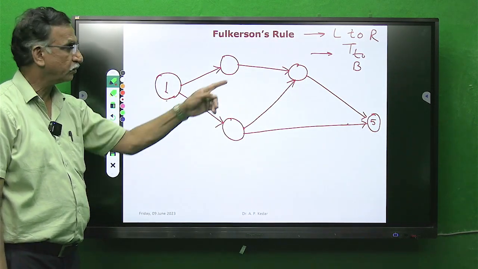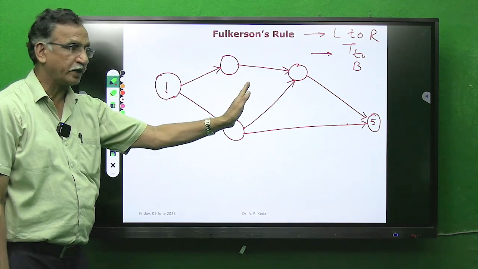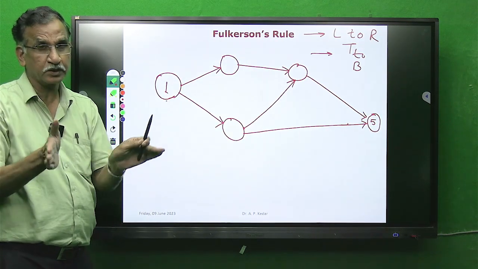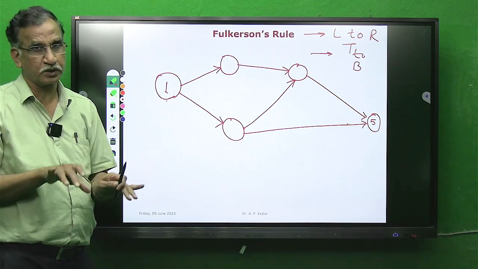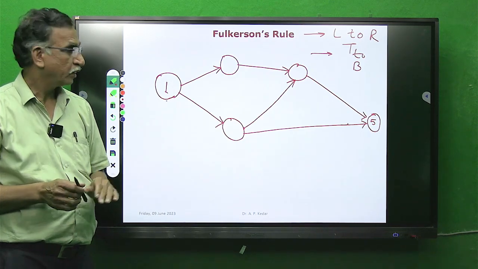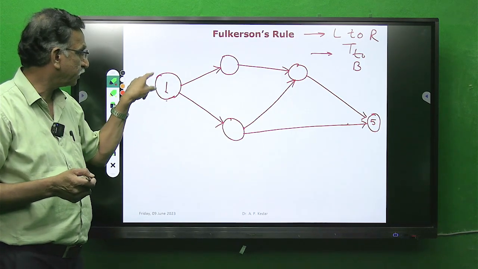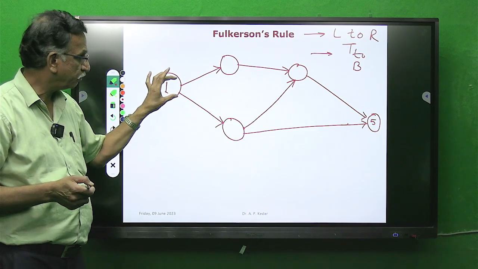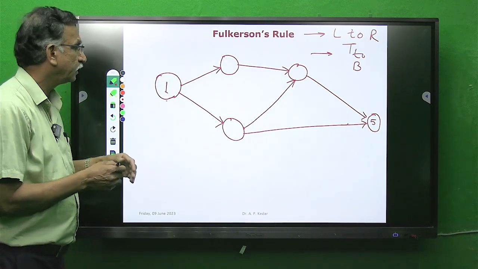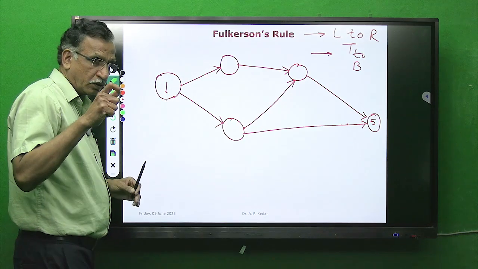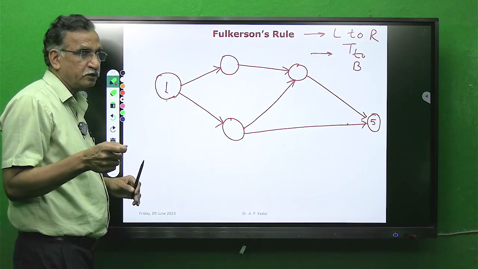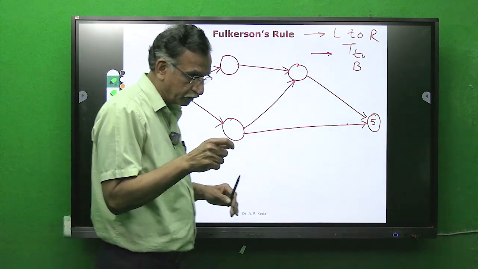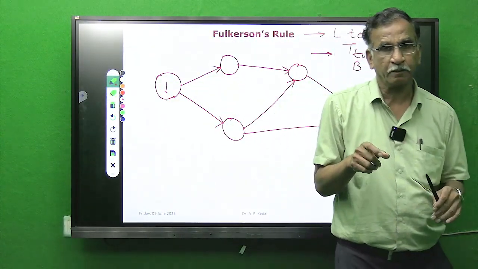Now what it says: left to right, top to bottom. So you have to see the emerging or bursting activities. Now this particular event is a bursting event, and the other important point is, the event for which you want to give the number should have only outgoing arrows.